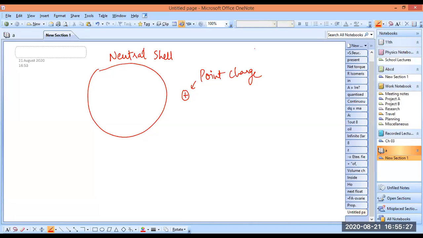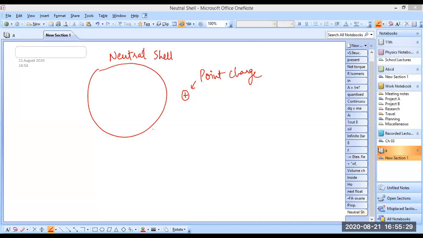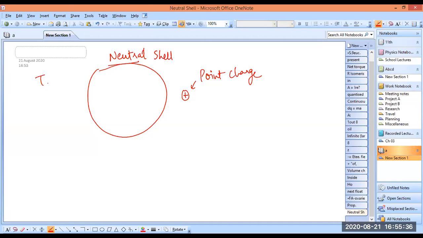Then the question is, will it get charged uniformly or not? The fact is that this is a neutral shell, meaning its total charge is 0. Because of this positive charge, it's going to attract electrons from the whole shell, and the negative charge will come close to this.